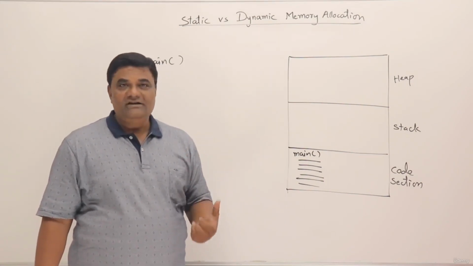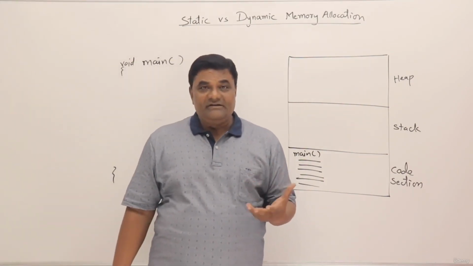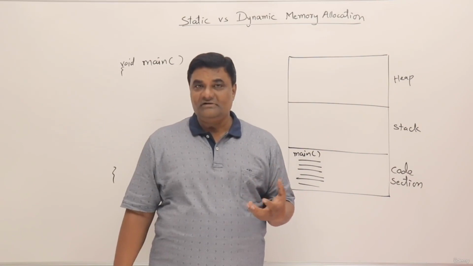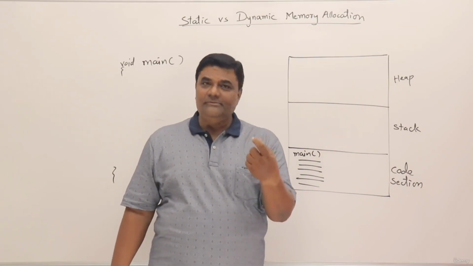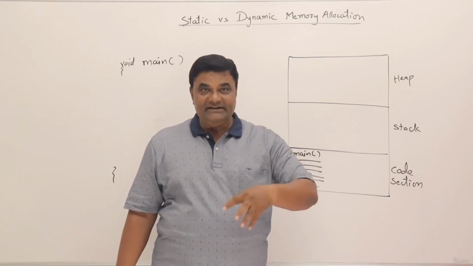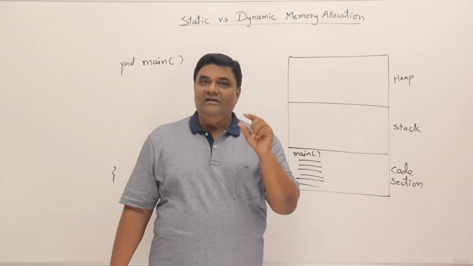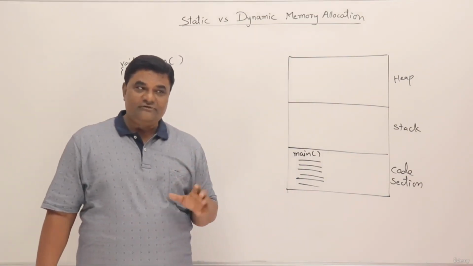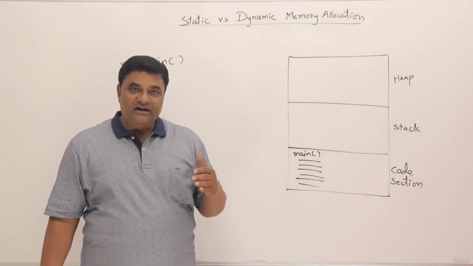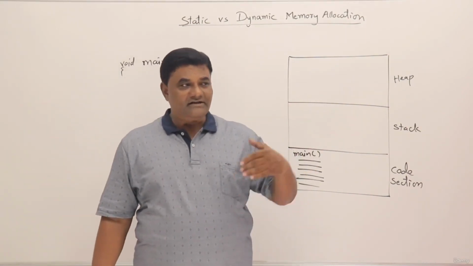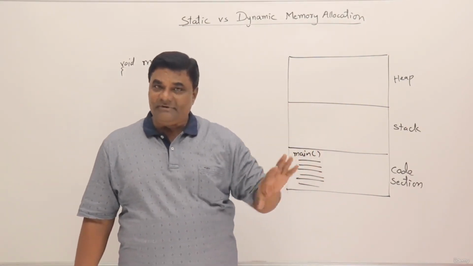And the second point about heap is that heap memory should be treated like a resource. So I'll tell you something about resources in applications. See, suppose a printer is a resource for your program. If your program wants to use a printer, then it can request a printer and use it.